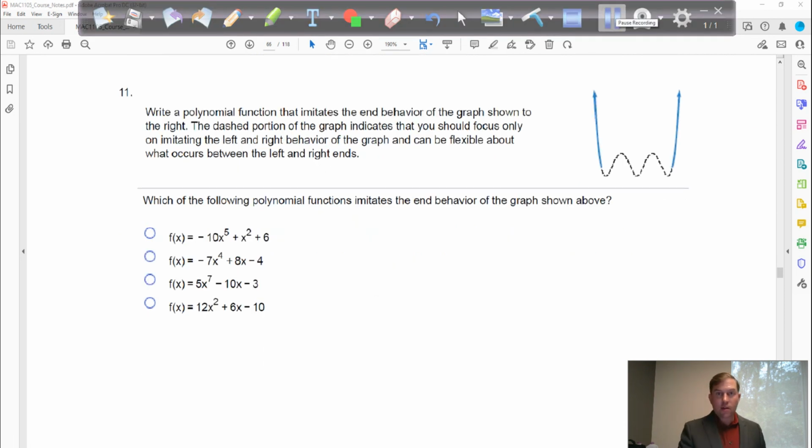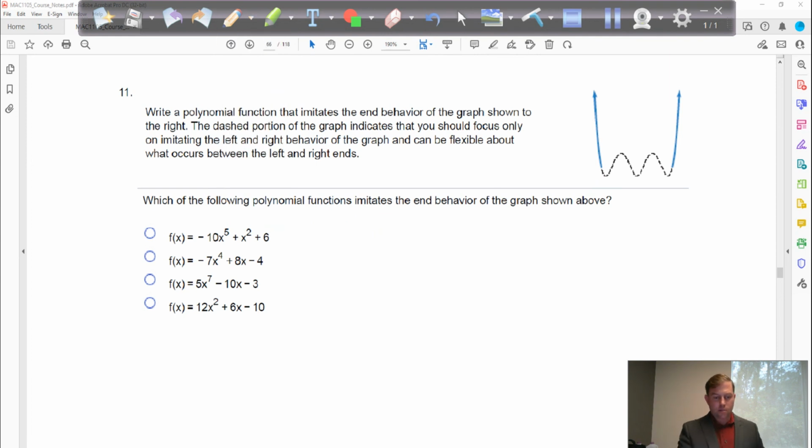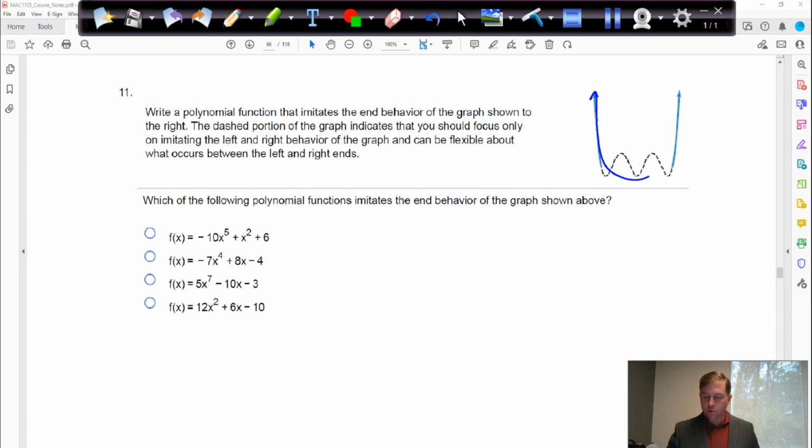Okay, a problem like 11 is where my students in the earlier class really thought it was a lot simpler. They give you a graph and its end behavior, and you have to decide which polynomial it could be. So notice this one looks like a bowl that points up. A bowl that points up has to have a positive coefficient, and the x has to be to an even power.